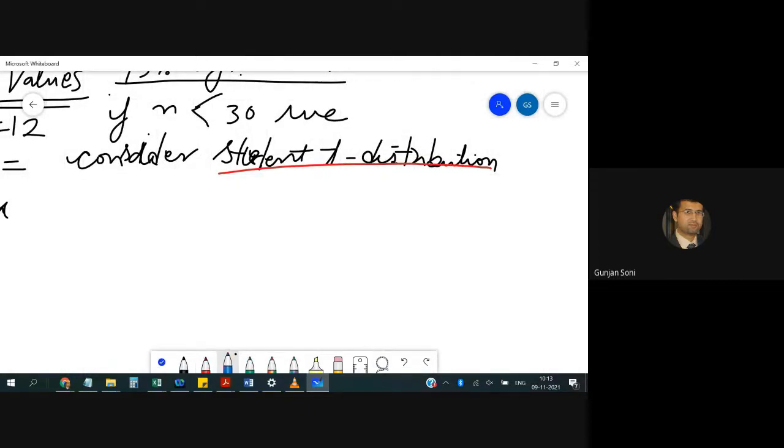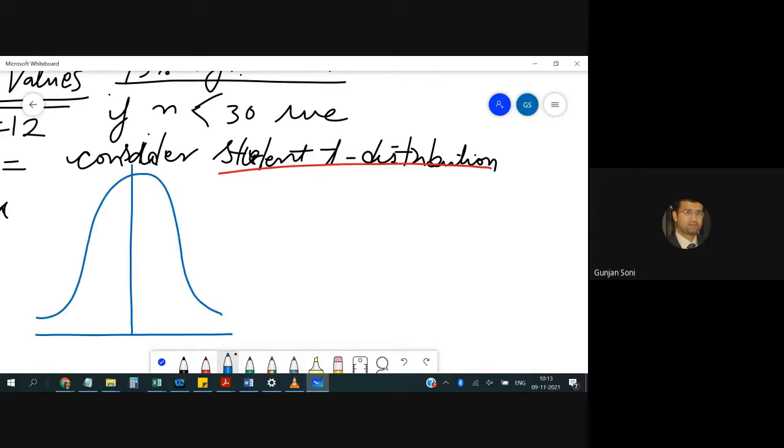You can see that a normal distribution is symmetrical and is asymptotic to the x-axis. Similarly, student t distribution is also symmetric and asymptotic to the x-axis. And student t distribution itself gets converted into a normal distribution when n is greater than or equal to 30. So right now you can just consider it is just like a normal distribution. Now, one table which I have sent you on WhatsApp, all of you can see that table.